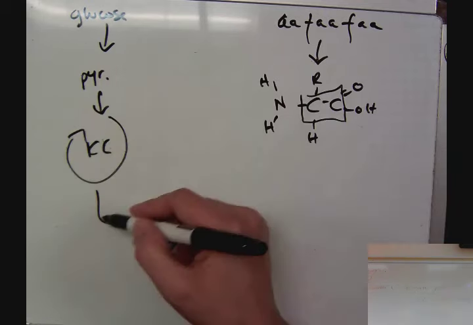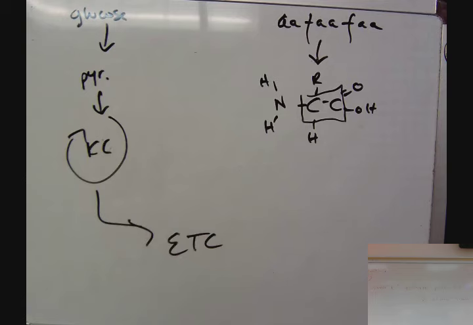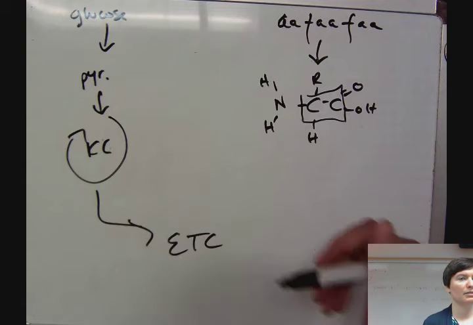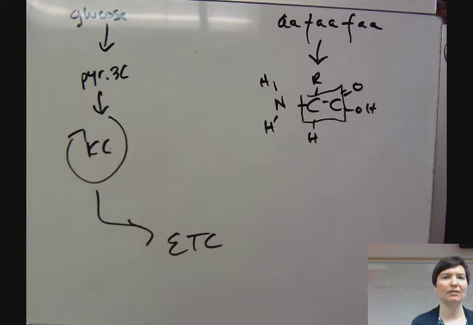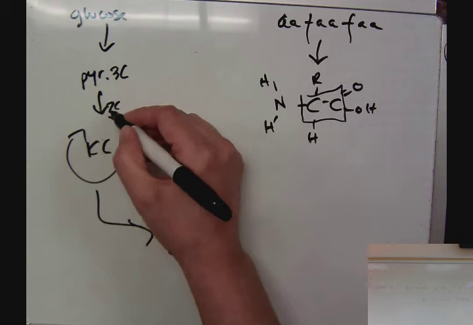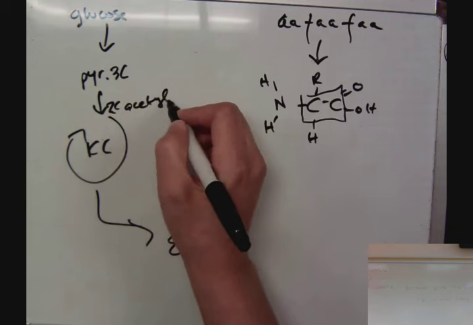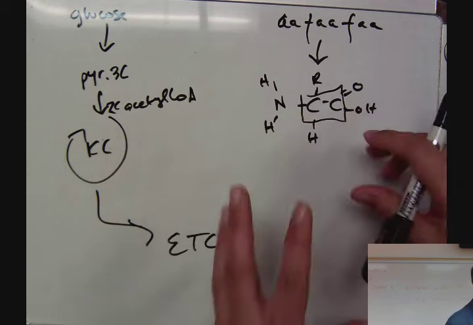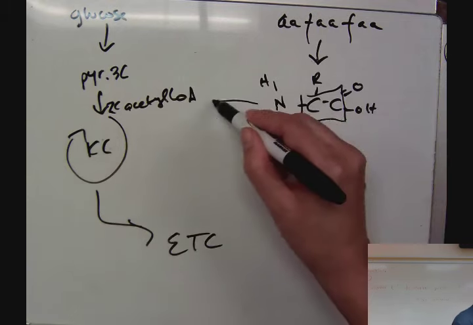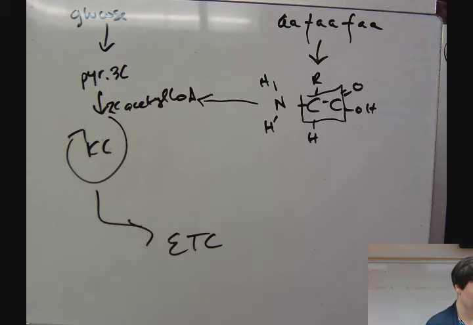And is there any 2-carbon step in this process that you can remember? This is 3 carbons, but before it goes into the Krebs cycle, what do we do to it? We chop off one of the carbons, making acetyl-CoA.